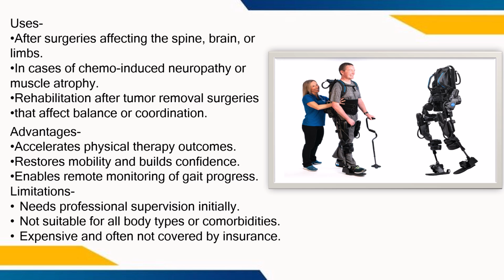Advantages: accelerates physical therapy outcomes, restores mobility and builds confidence, enables remote monitoring of gait progress. Limitations: needs professional supervision initially, not suitable for all body types or comorbidities, expensive and often not covered by insurance.